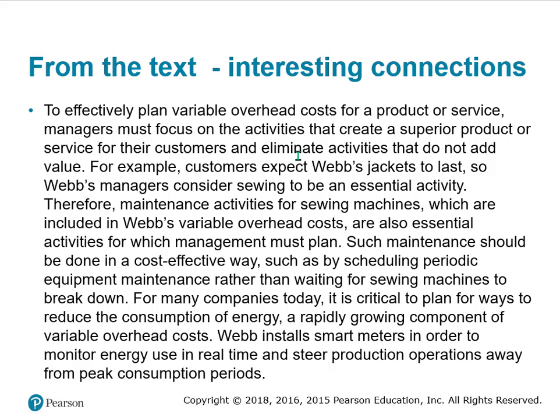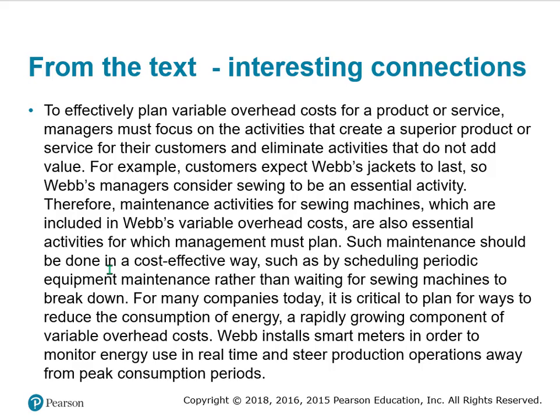Like this company expects jackets to last, so the managers consider sewing to be an essential activity. So the maintenance activities for sewing machines, which are included in their variable overhead costs, are also essential activities for which management must plan. And such maintenance should be done in a cost-effective way, such as by scheduling periodic equipment maintenance rather than waiting for sewing machines to break down.